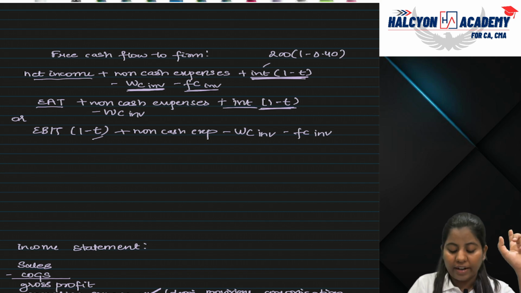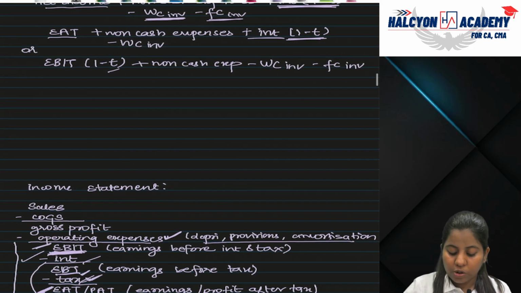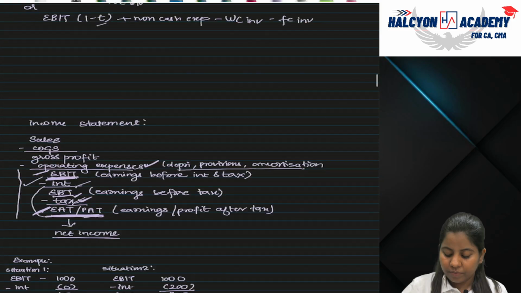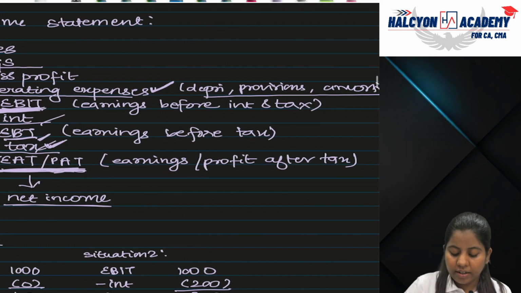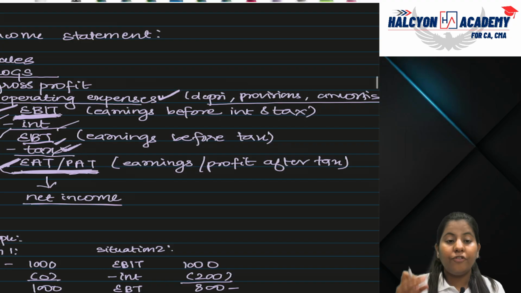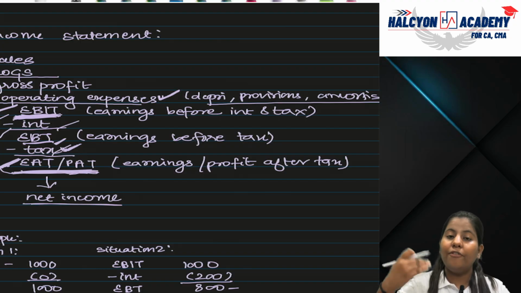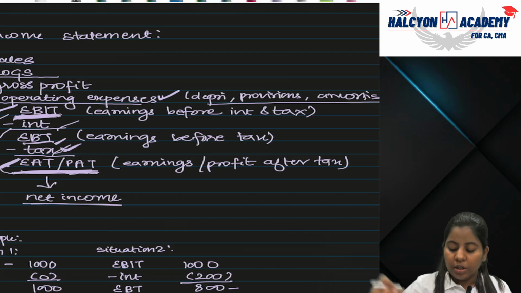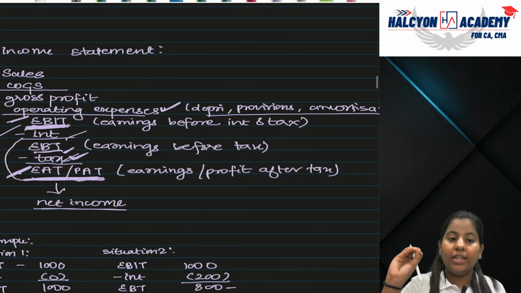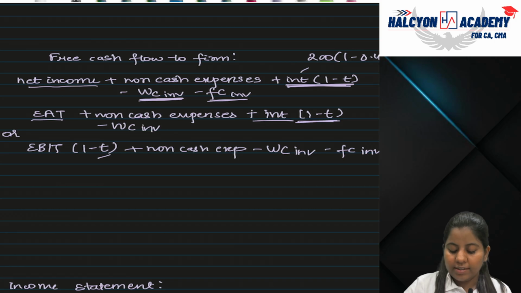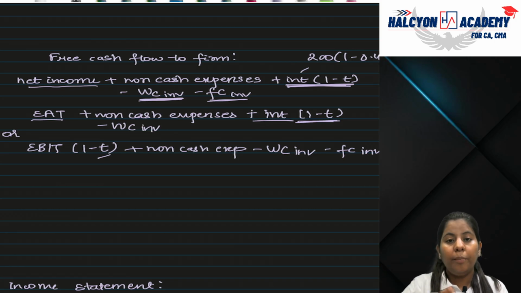And instead of writing this formula, we can also write EBIT 1 minus T, because at this point we have cash for debt holders and for equity holders also. We just have to deduct the tax which we have to pay to the government, the third party. So EBIT minus tax is the same as net income plus interest less of tax.